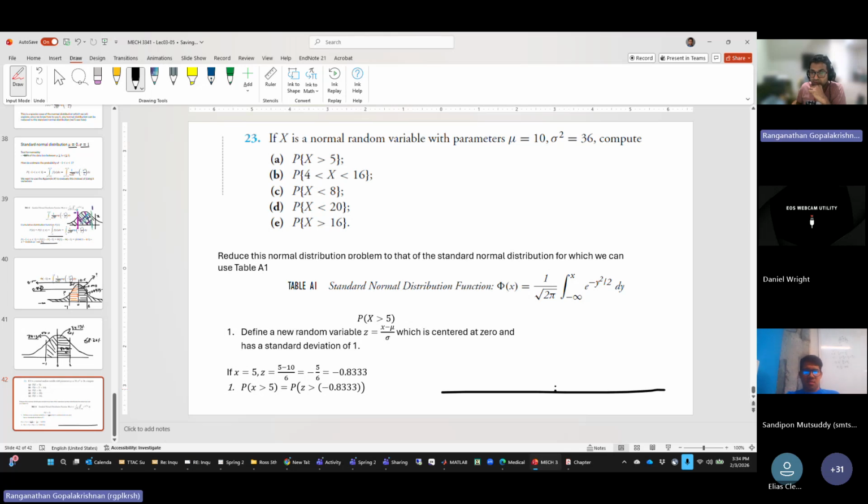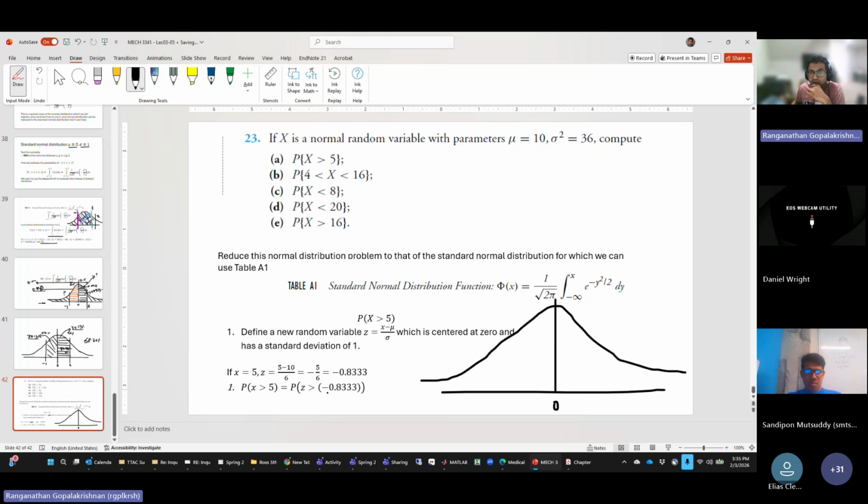Where is the standard normal distribution centered? Should it be 10? Should it be 0? It should be centered at 0. And you draw the bell curve.